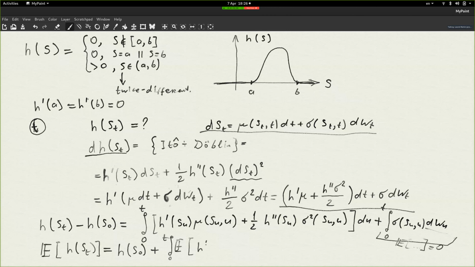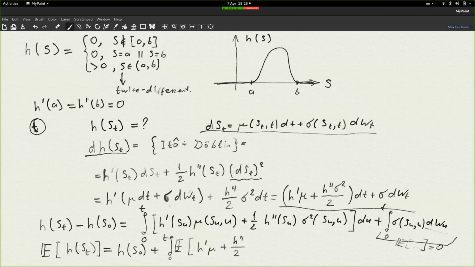Sorry, don't we have a little mistake? Sigma dWt should be multiplied by H prime with differentiation. Where, in which line? Third line from the bottom. Okay.